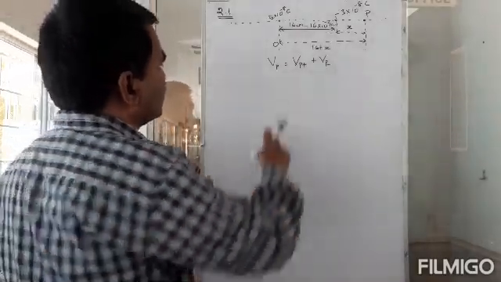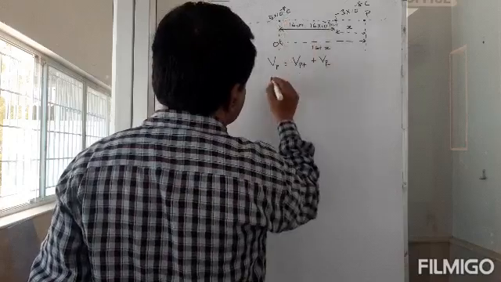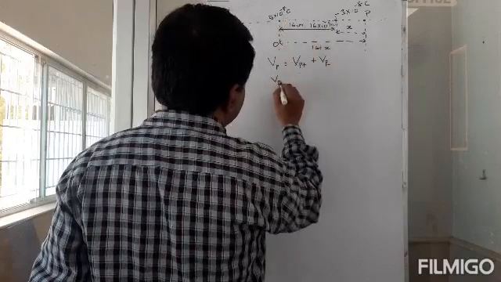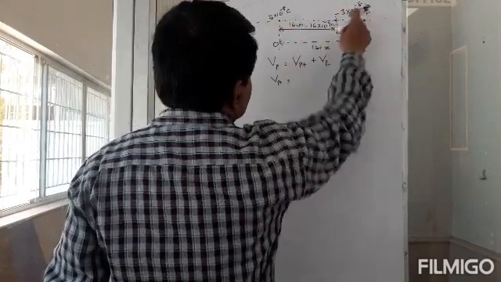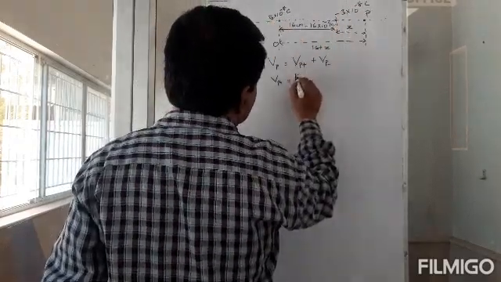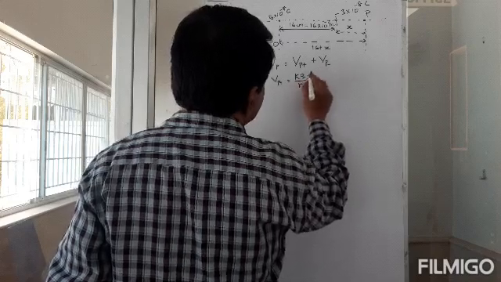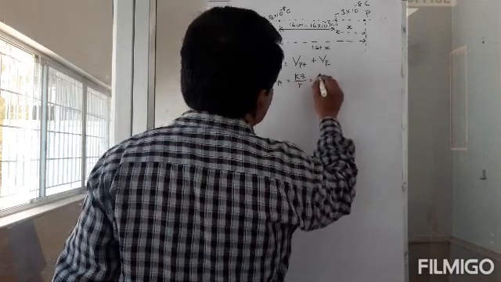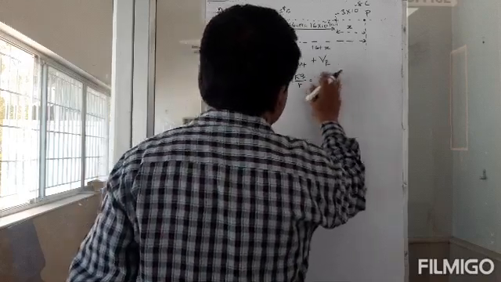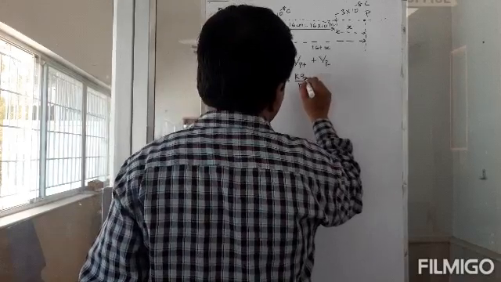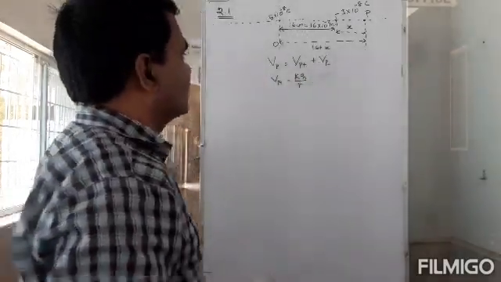Then what is the potential at P due to the plus charge? Vp plus is KQ by R, so I'll just keep it as KQ plus by R, and we'll put the numbers later.